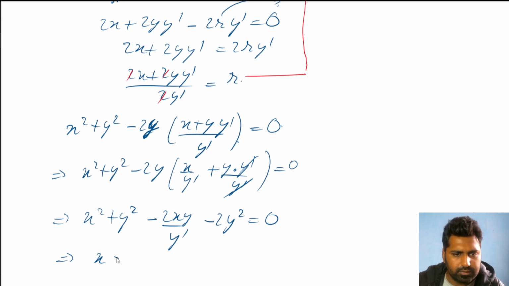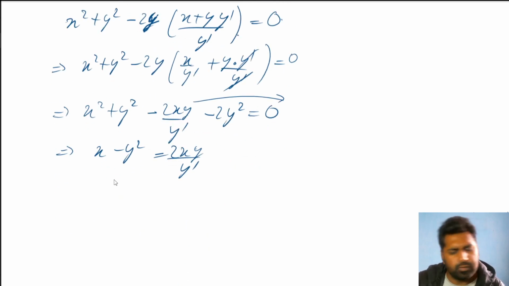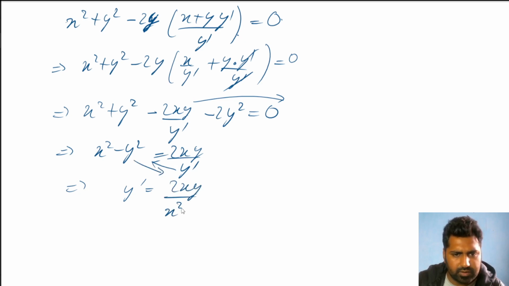So you get x square minus y square equals 2xy upon y dash. You can write the differential equation like this also. You can take y dash here and get x square minus y square in the denominator. So y dash equals 2xy upon x square minus y square. This is also a way to represent the differential equation, dy by dx is equal to some expression of x and y. That's your answer.